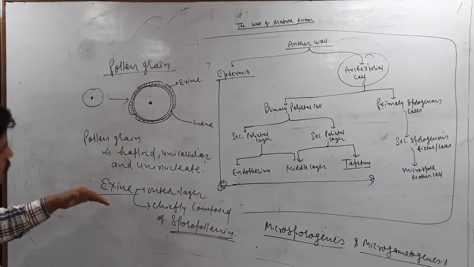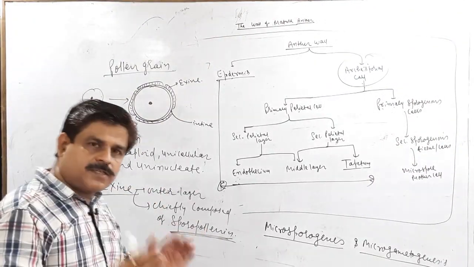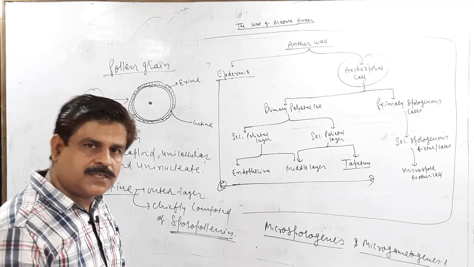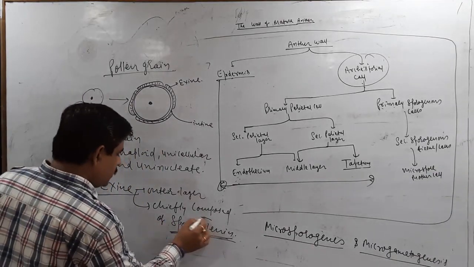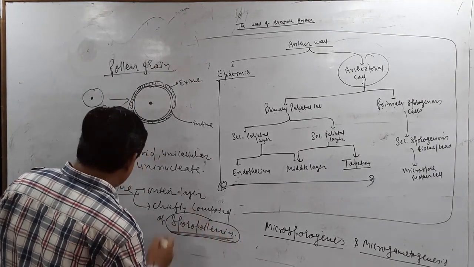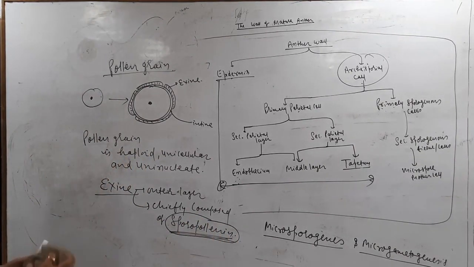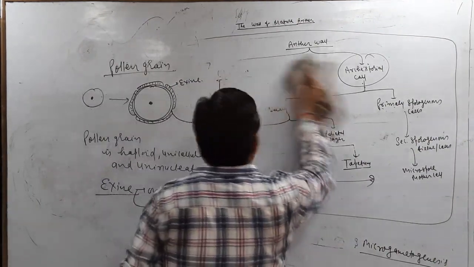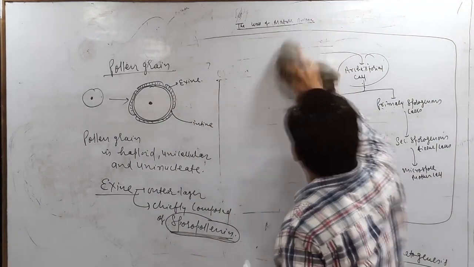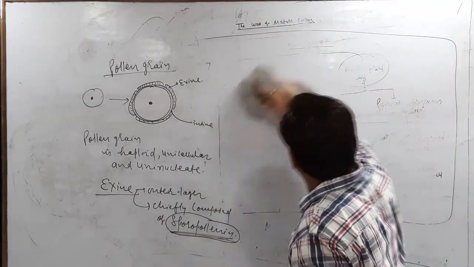It is resistant to physical and biological decomposition. It is resistant to high temperature, acid, and alkali. This pollen grain is the immature male gametophyte.